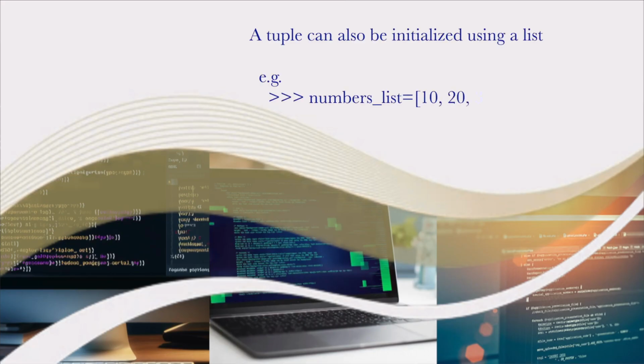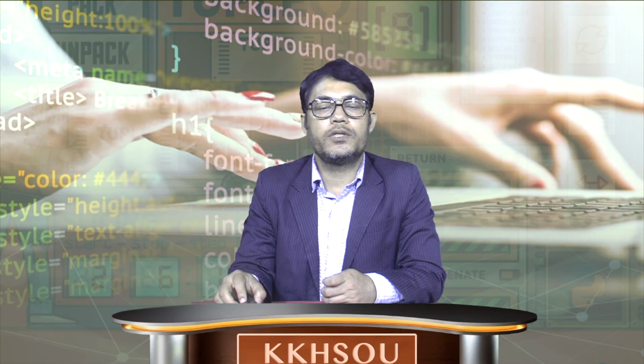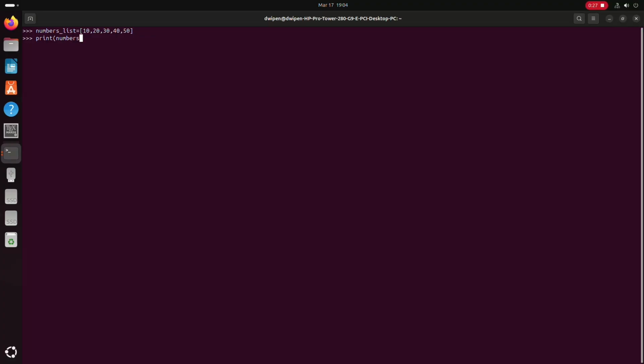Here the list contains elements 10, 20, 30, 40 and 50 respectively. Let us demonstrate this example. So let's just create it. So let us create a tuple and the name is numbers tuple.